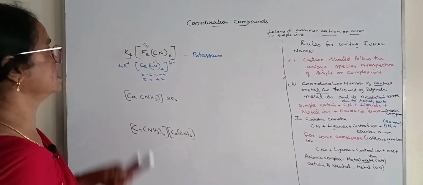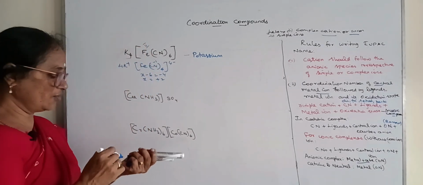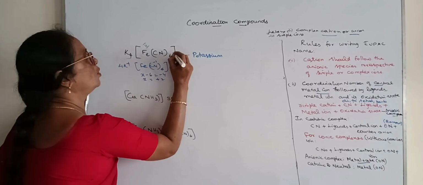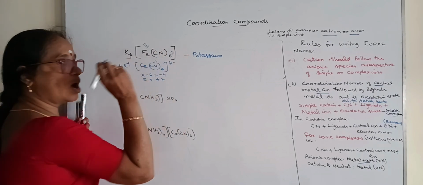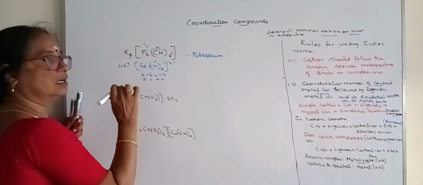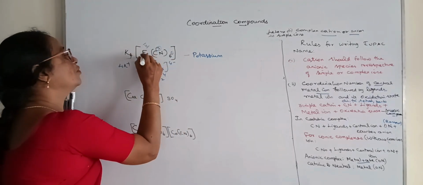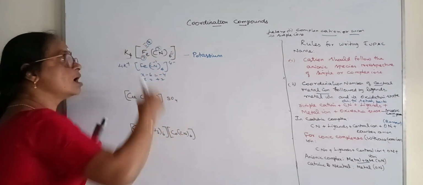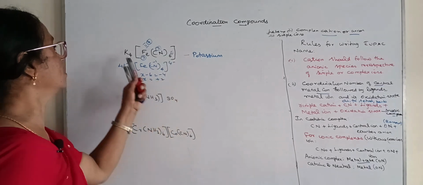Okay, now let us start the naming of the coordination entity. Here first we take the coordination number, then the ligand, then the metal ion, and after that the oxidation state. This is the root.